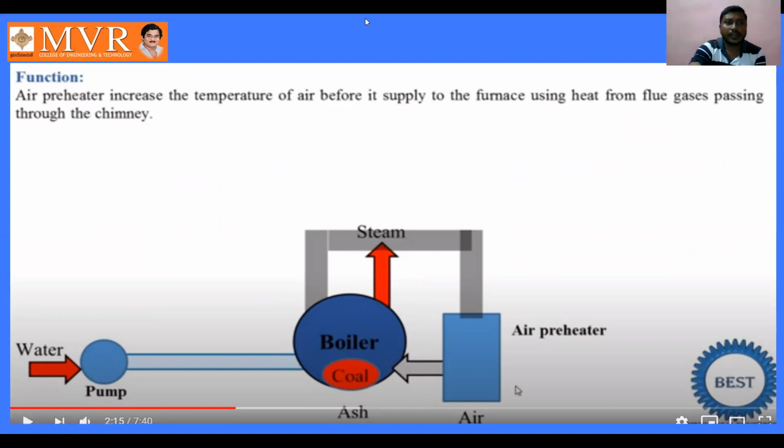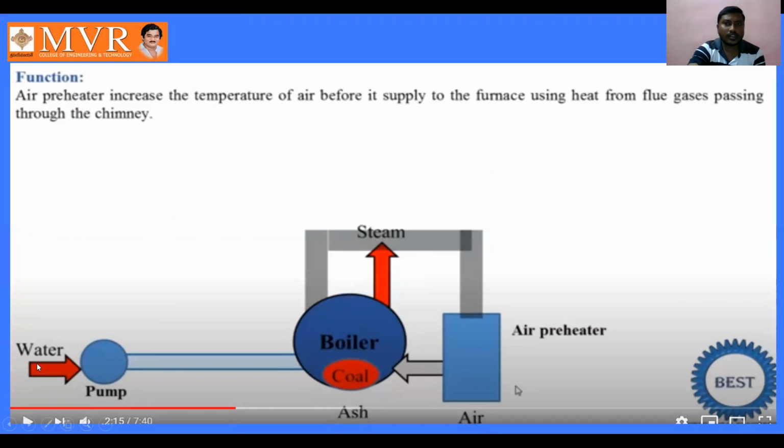The air preheater which we are using increases the temperature of the air passing into the boiler. By using this air preheater, the air temperature is increased, and it is supplied into the furnace using heat from the flue gases passing through the chimney.